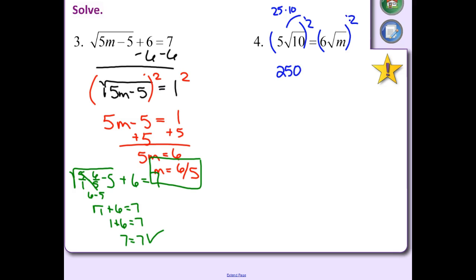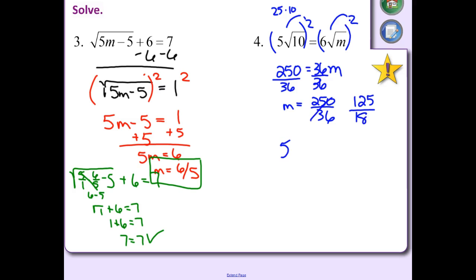And then here we've got to do 6 squared, which is 36, and that's going to get m out of the house. We've got to divide both sides by 36, and so we're going to get m equals 250 over 36. Now we may want to go ahead and reduce that fraction. I think 2 goes into both of those, so let's make it 125 over 18.